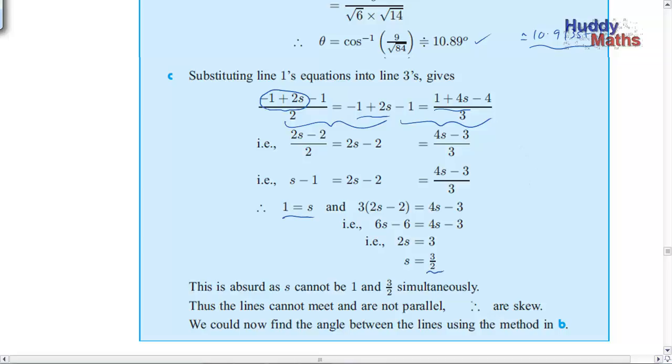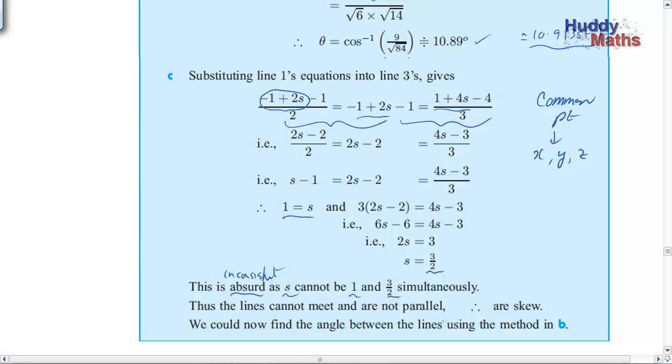Now that's inconsistent. You can put absurd, or you can also put inconsistent. You cannot have 1 and 3 over 2 simultaneously, because it has to be a common point, and a common point has to specify a unique x, y and z.